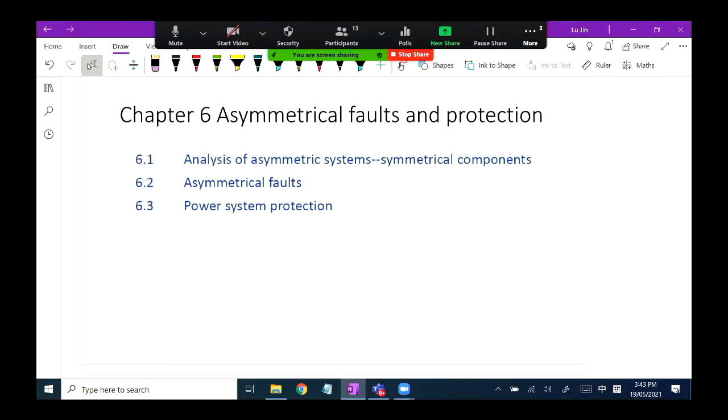Second one, out of the three phases, two out of three get a short connection. This is a double line fault. The third fault type is where out of three phases, two of them are grounded, so it means double line to ground. Maybe the names are slightly different, but the idea is like that. So, three different fault types.